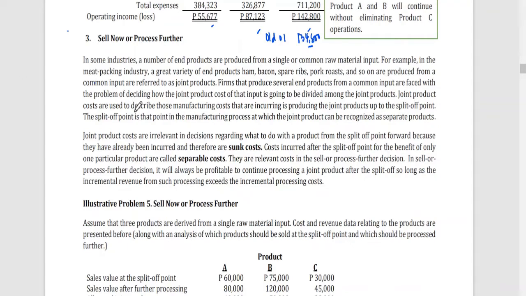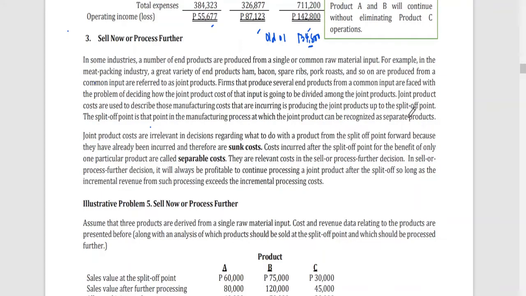So joint product costs are used to describe those manufacturing costs that are incurred in producing the joint products up to the split off point. The split off point is that point in the manufacturing process at which the joint product can be recognized as separate product. So that is the point in time nga mabahin tong mga products nga na-produce.